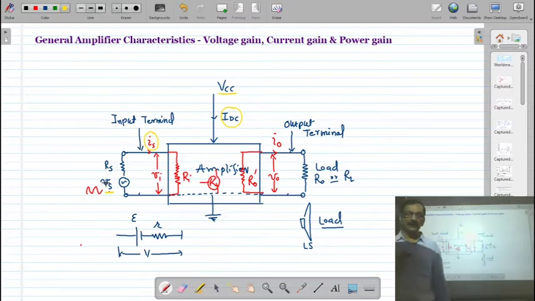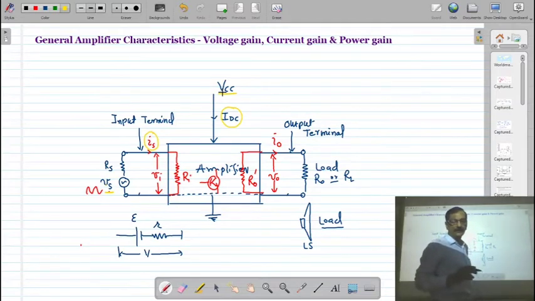You should remember in electronics, whenever you read any electronics circuit, if the letter is a capital, then that voltage or current is not changing with time. It is a constant.